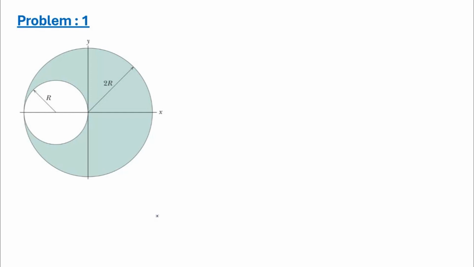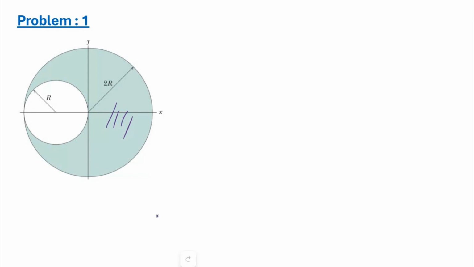In the green shade, it's massive, that means it has mass, and the whole circular disk has a radius of 2r, where r is some given number, and it is centered at the origin of the coordinate system.